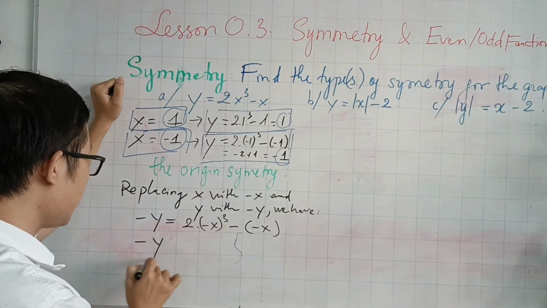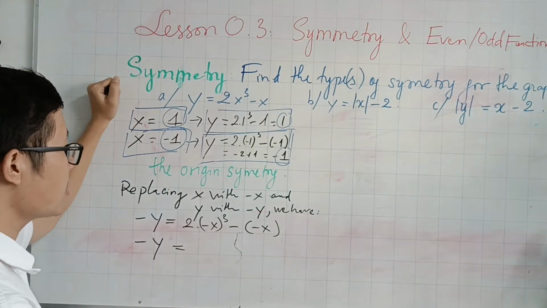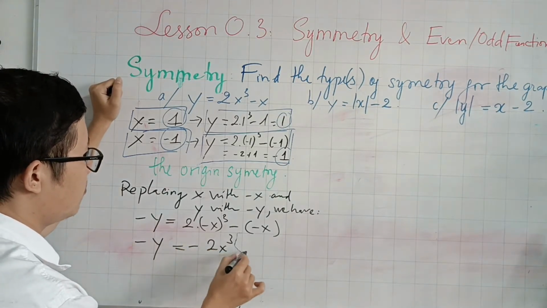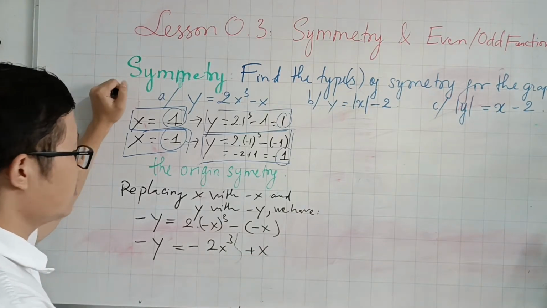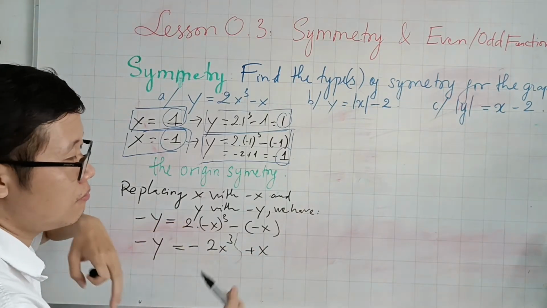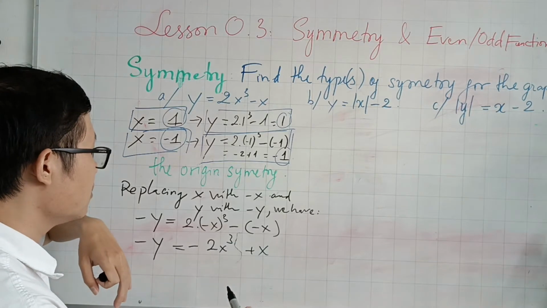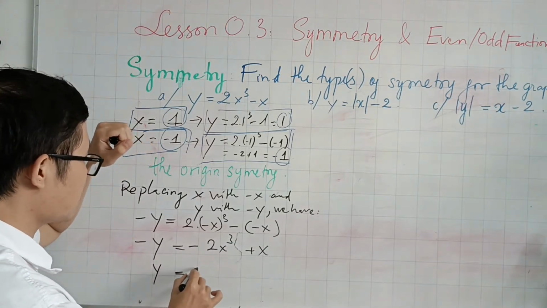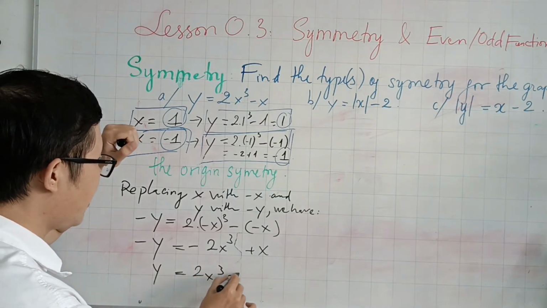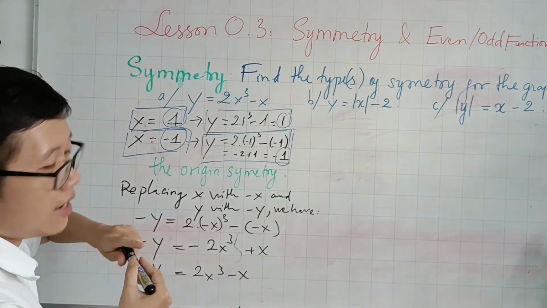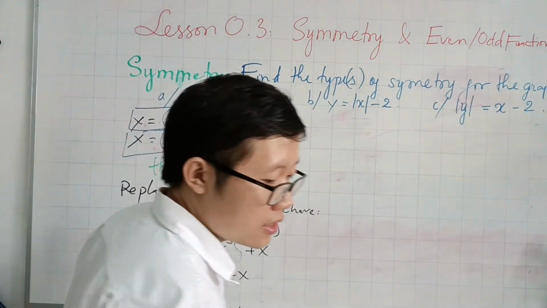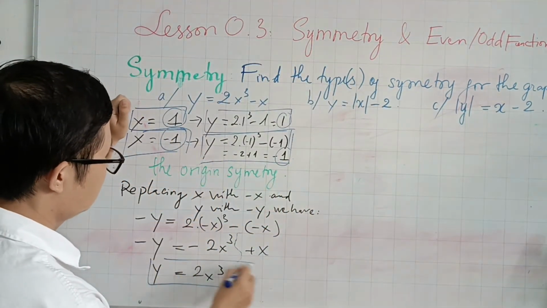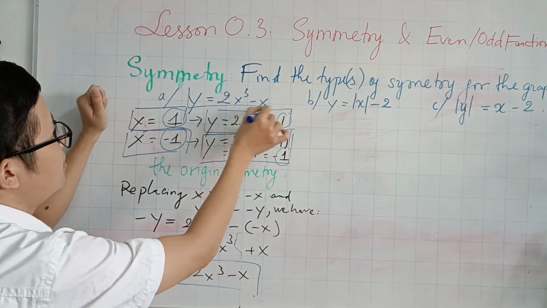So it is negative y equals negative 2x cubed plus x. So we change the sign of both sides, and we have y equals 2x cubed minus x. And it is the same as the question here.